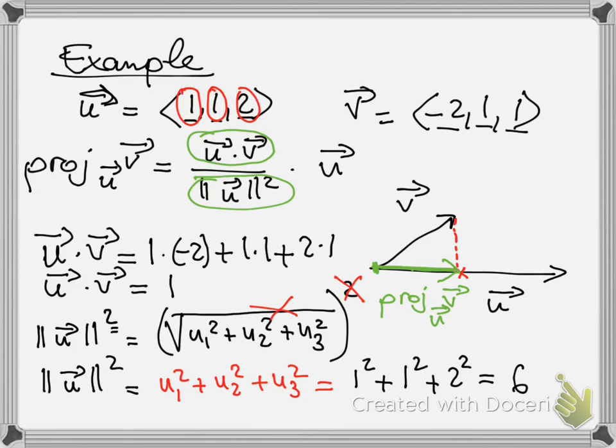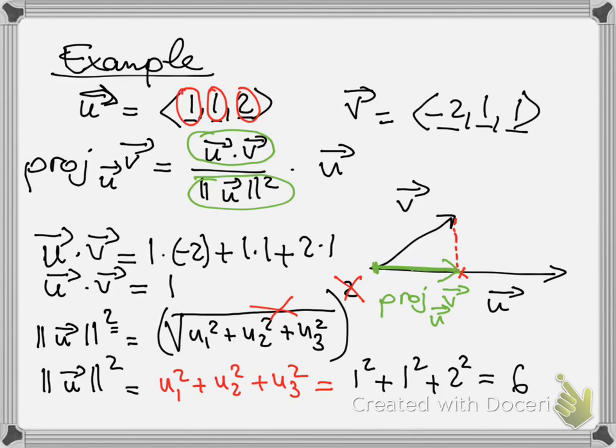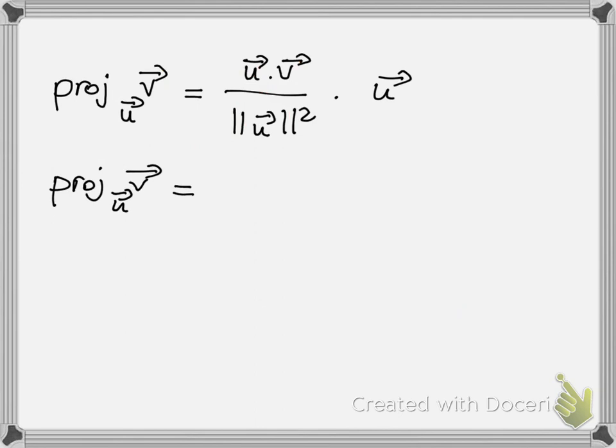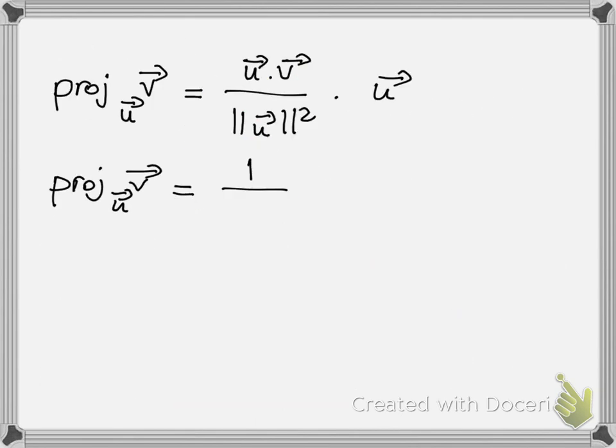So we are almost done now. The projection of v onto u is u dot v over the length of u square times the vector u. u dot v is 1, so it's 1 over the length of u square, which is 6, so over 6, times the vector u.